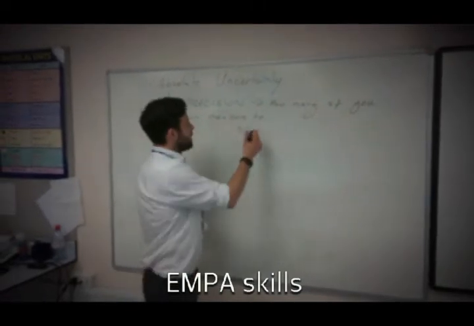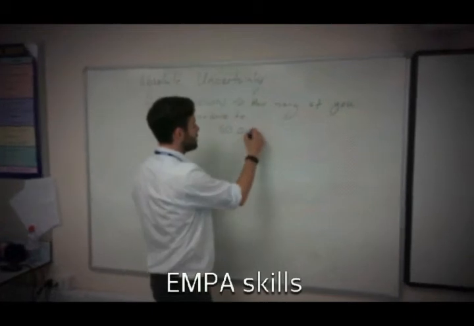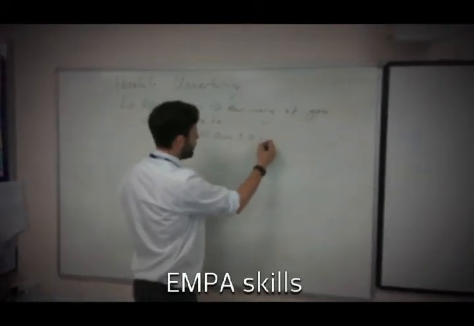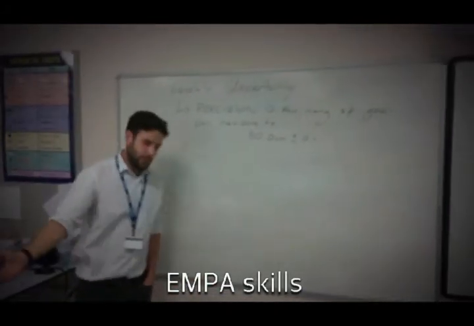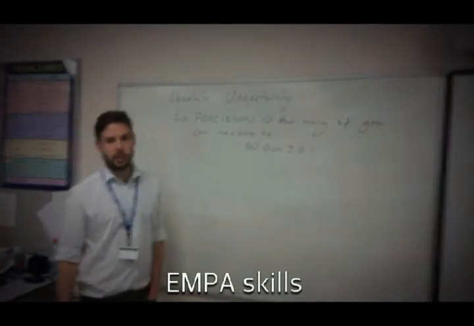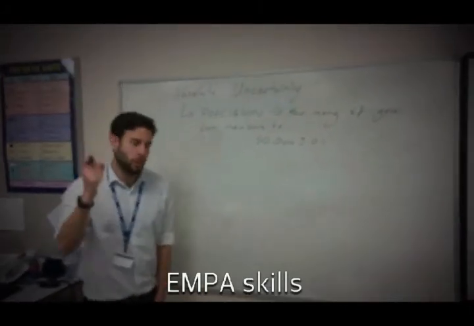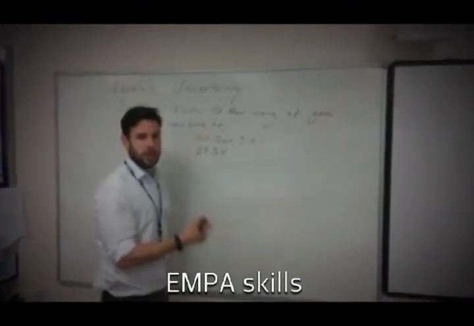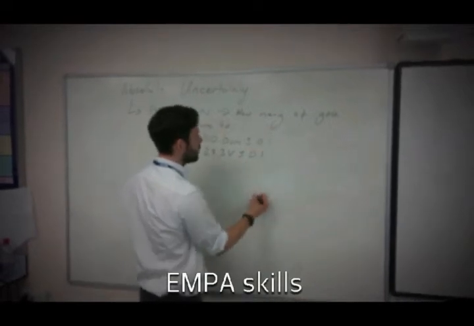No, keep it in. So 50 centimetres, right, so it's going to be 50.0 centimetres, which means that our precision is 0.1 centimetres. Because we can divide each centimetre into 10 millimetres. So with your precision, you will go to the smallest increment. If we were measuring 27.3 volts, our precision would be plus or minus 0.1 volts.